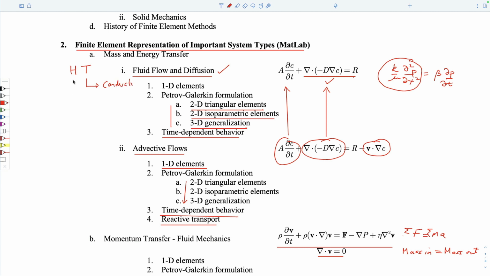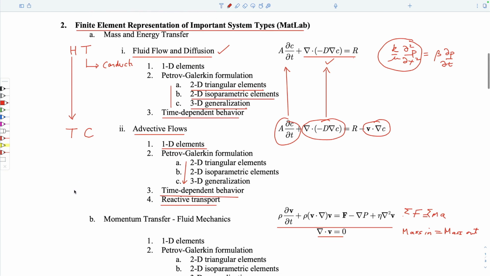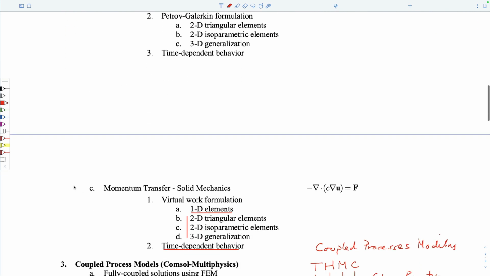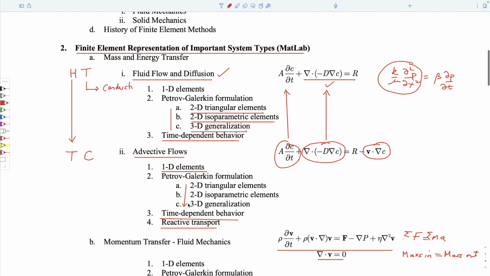This would require that we know the underlying flow on which the advection relies, and in addition we might be interested in the advection of temperature or the advection of chemical components. And then when we get down to the bottom, we're dealing with mechanical behavior of solids. And so the point is that individually we can look at these separately. It turns out that the expressions that we deal with for each of these have a common framework to them because they're similar physical processes.